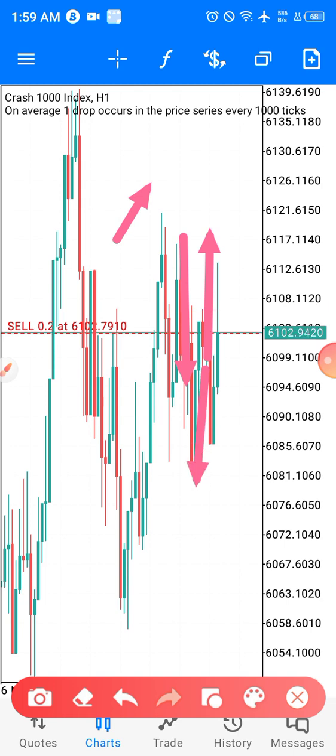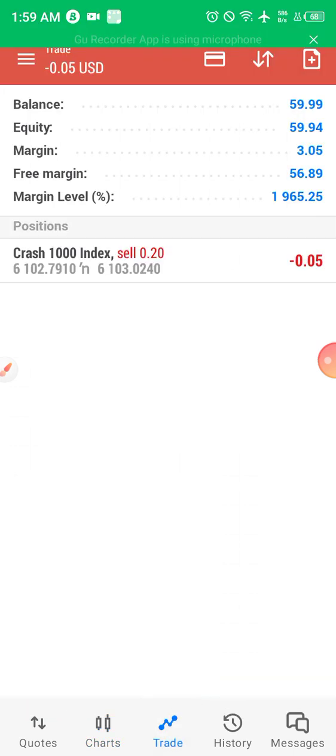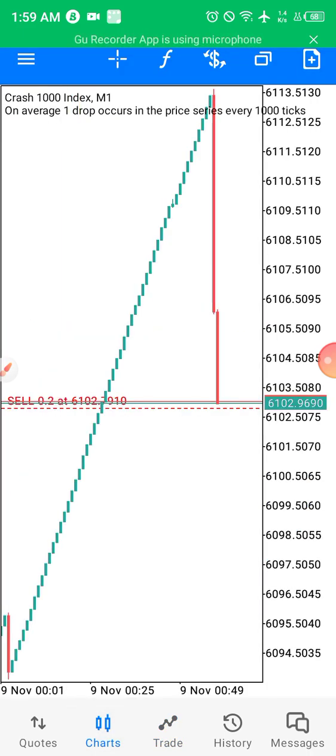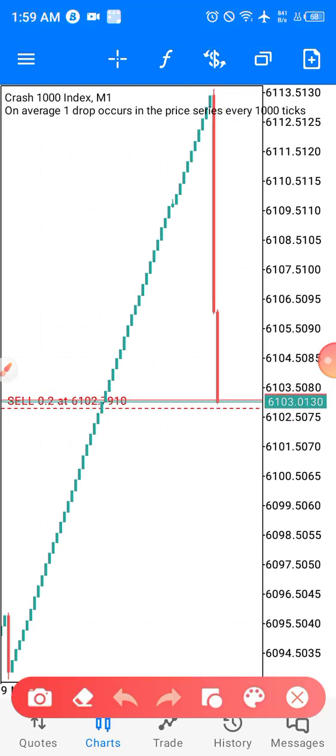So now you can see there I have another spike right there. Now if I go to the 1 minute time frame, you see the long spike, and this is still going to spike again. It's going to just go like this and then another downward move.